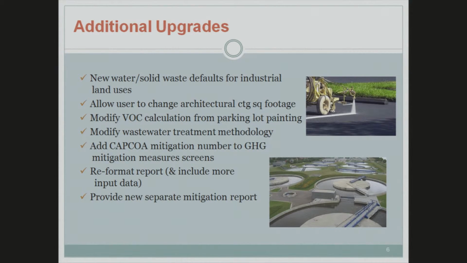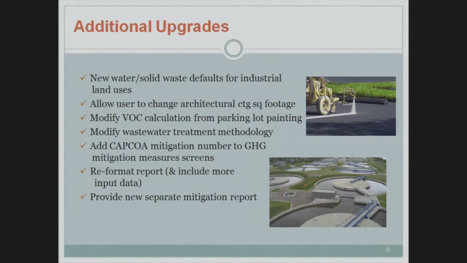There was also a question about whether we could change the square footage of the architectural coatings. We felt that a lot of people initially wouldn't really know how many walls would need to be painted in a particular type of land use, so we provided that default value. However, some people noted to us that they will put in prefab walls, and then I look around here, I go, oh yeah, these cloth ones that don't need any painting.